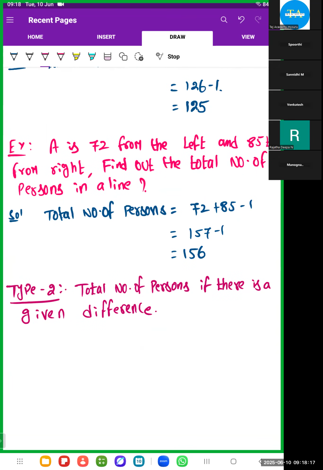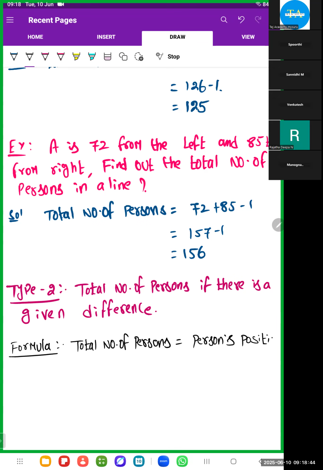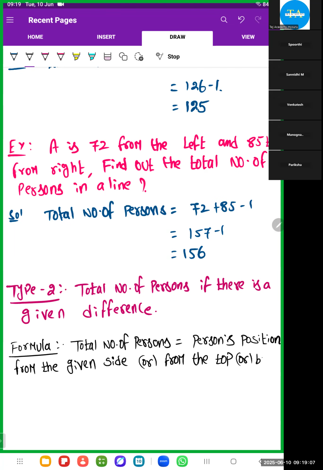Okay. So here also same. To write the formula, total number of persons is equal to person position from the given side, or from the top or bottom, plus the given difference.